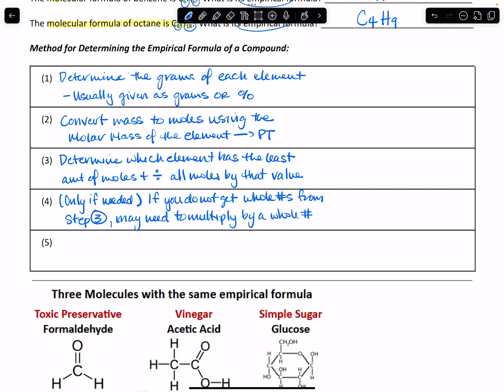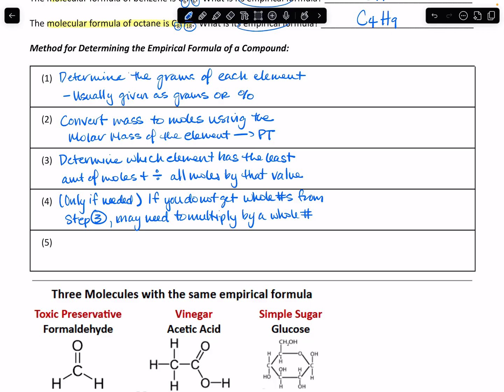So in other words, if you get 1.5 when you divide by the smallest, we can't have 1.5 atoms. We don't have half atoms, right? So I'm going to need to multiply 1.5 by some whole number to get that to a whole number. If I multiply 1.5 by 2, then I get a 3 there, and I can have 3 atoms. That's okay. But what you do to one element within the compound, you have to do to all of them. So we'll do an example so you can see what that looks like.